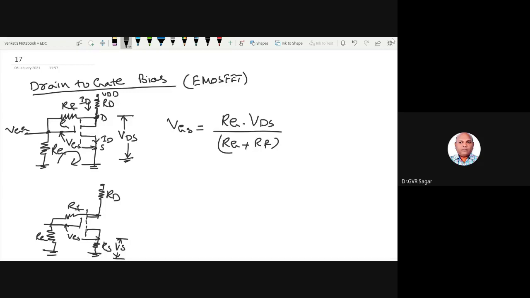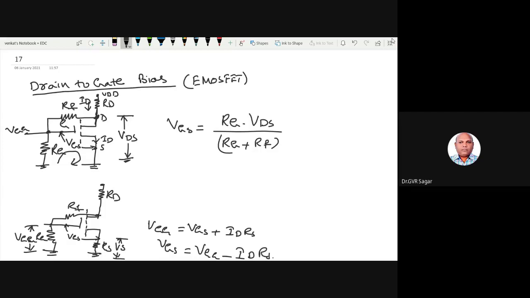So, what is the drop across this? This drop across this voltage I am taking as VGG. Then VGG is equal to VGS plus ID into RS. So VGS is equal to VGG minus ID into RS.